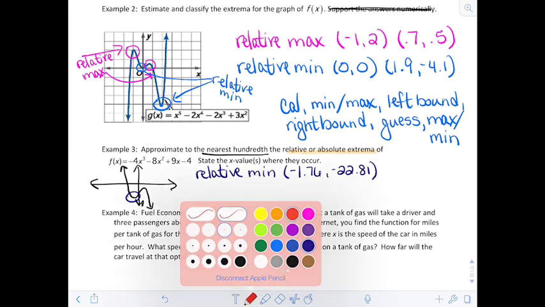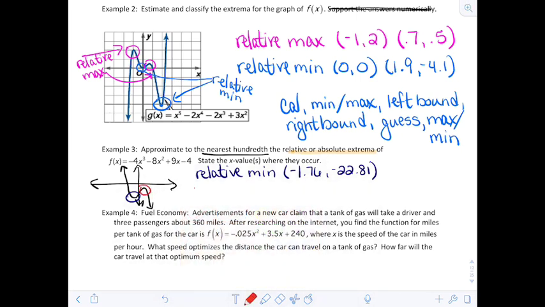Then this one right here would be a relative maximum. As I look at that relative maximum on the calculator, it gave me the values of 0.43 and negative 1.93. Okay, there are no absolute max or mins on this cubic.